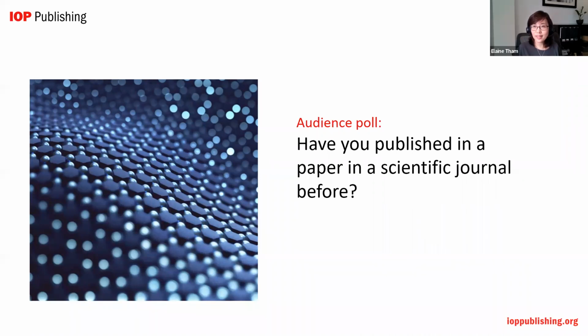Okay. Thank you very much. So currently it looks like just over 30% of you have already published a paper in a scientific journal, and 70% of you have not yet published a paper.